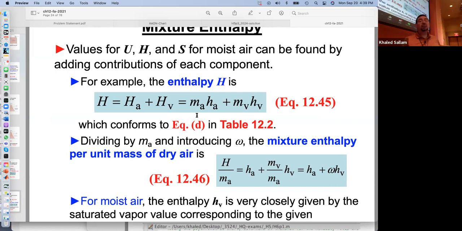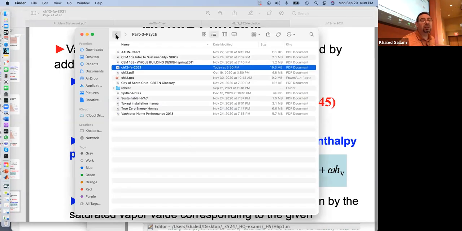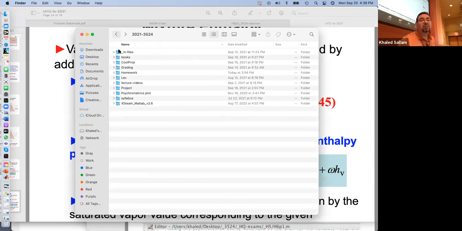It's not really a problem because most of the time what we care about is not the absolute value of H, but the difference in H's. So although sometimes you could have tables sitting at different references, it doesn't really change the solution.